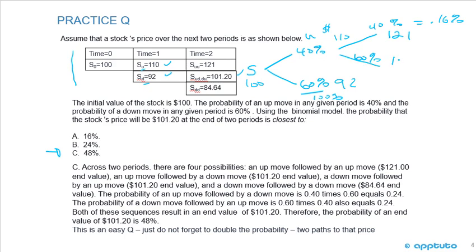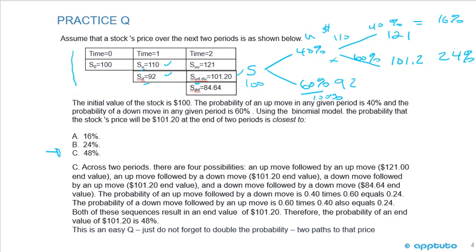And 40% times 60%, that's going to be 0.24, or 24%, okay? 24% chance that the stock price can go up and then down. Up 40%, down 60%, 101.2. And you can see that's denoted here, the S, stock price, UD, up, down.